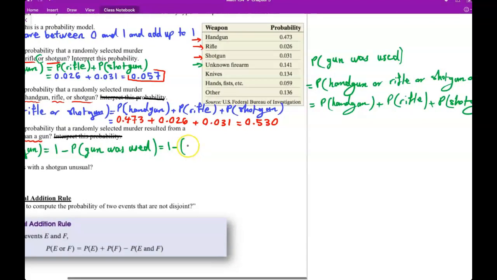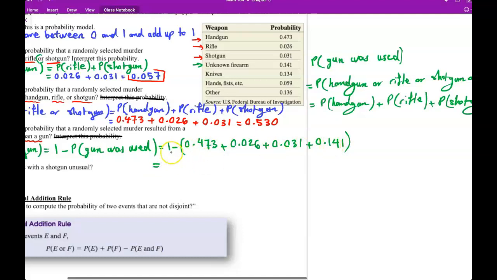We have 0.473, that one. Third one is 0.031, and finally 0.141.